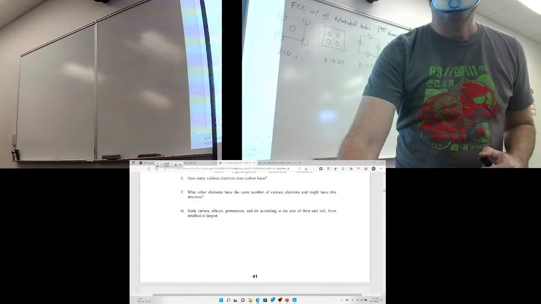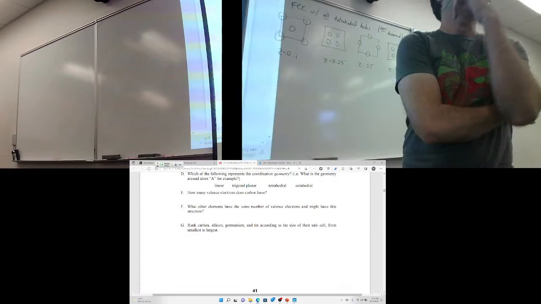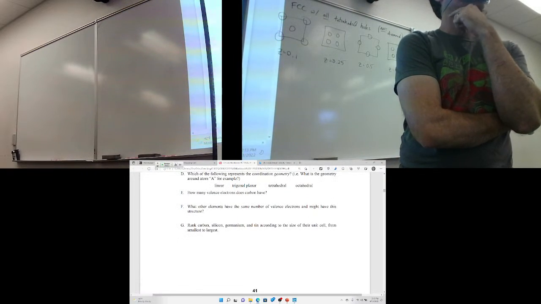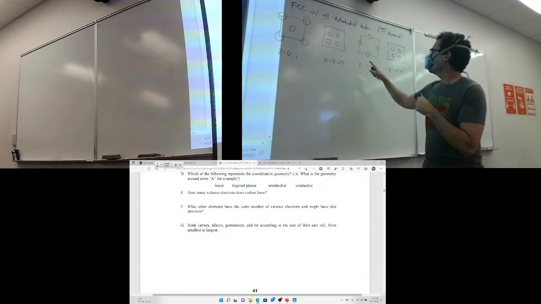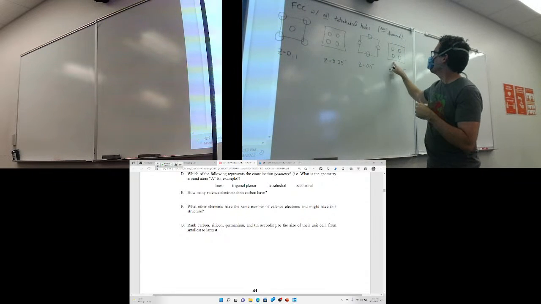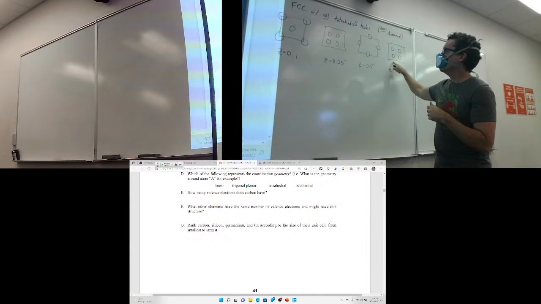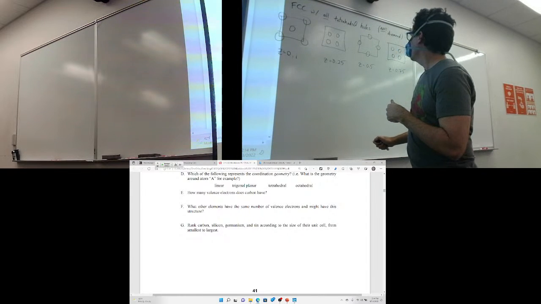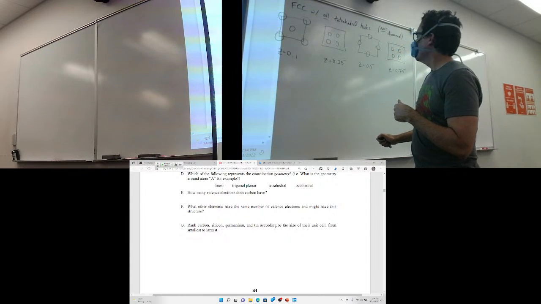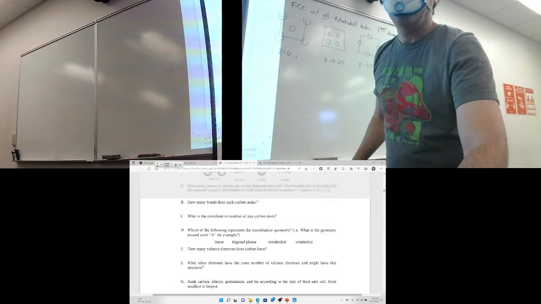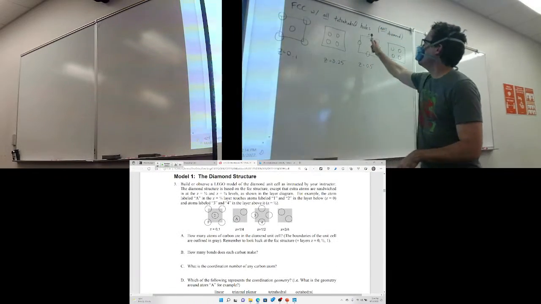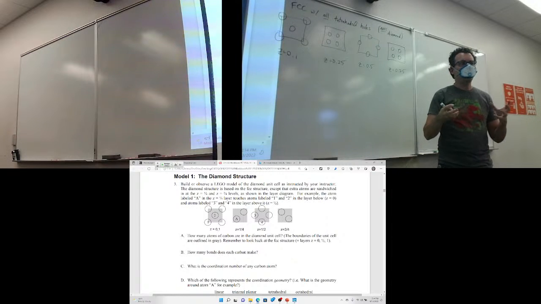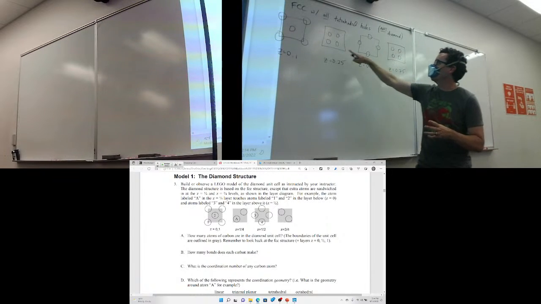All right. I just have a question. Why did you draw 4, like in the 0.25 and 0.75, but the picture on the sheet has 2? Oh, in your sheet. Yeah. So this is the idea that an FCC structure has the potential for 8 total holes.